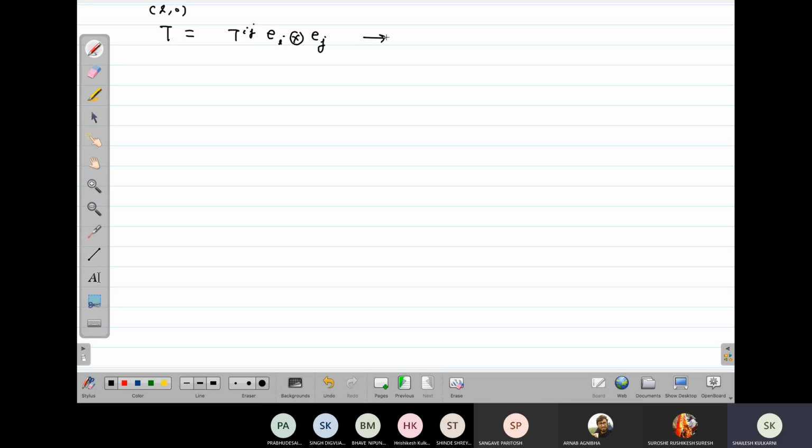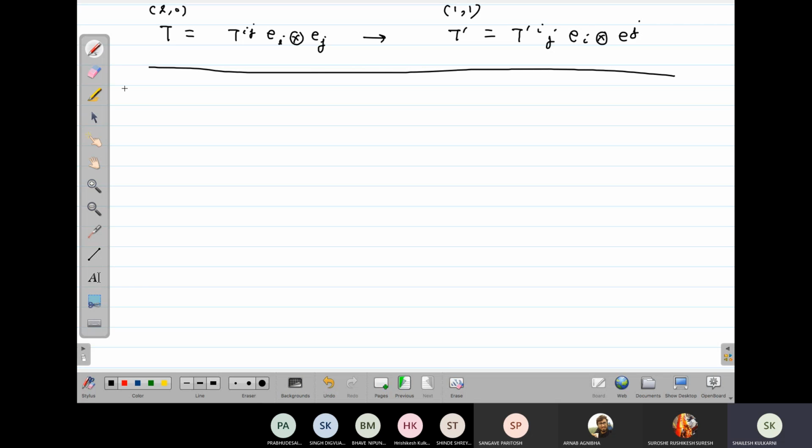From this, I want another tensor, say T prime, which is a tensor of rank 1 1. How do you write this tensor of rank 1 1? T prime^i_j e_i direct product with the dual basis. Clear? Now you remember what we did for a vector.